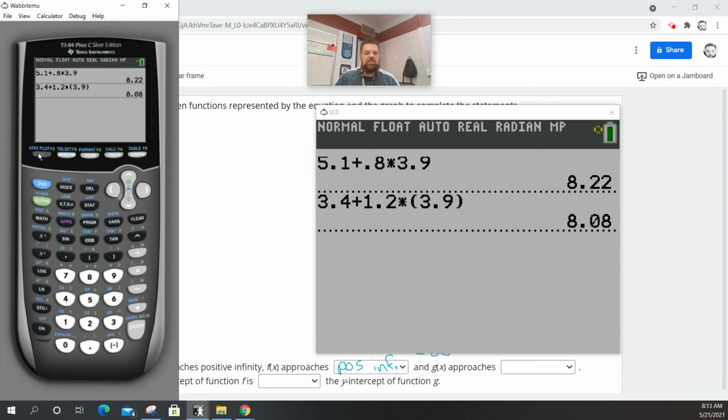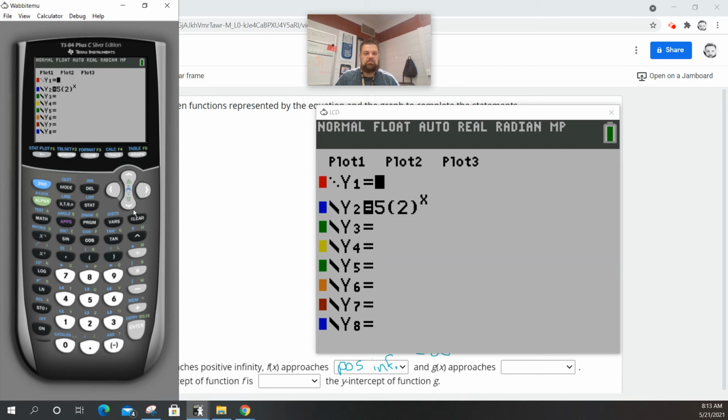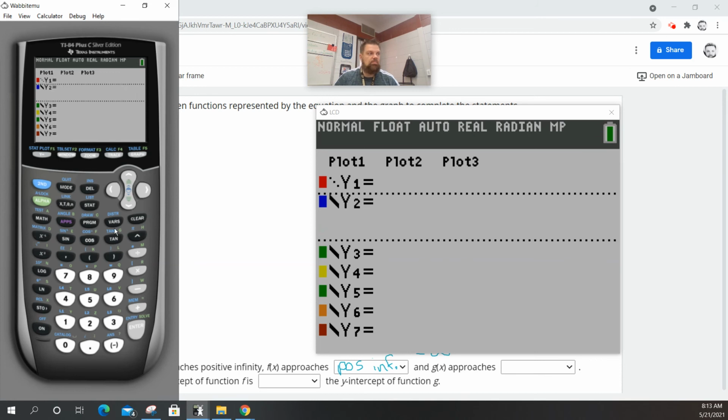So if I graph this, and I say 2x raised to the third power minus 3x squared plus 5x plus 7.